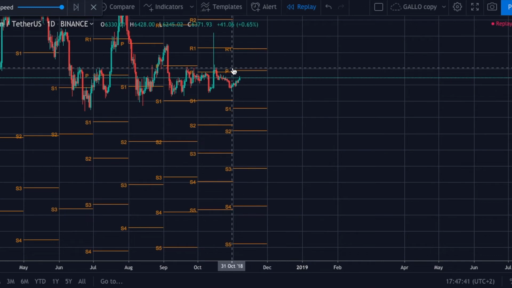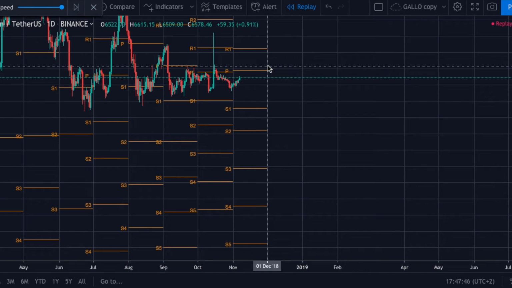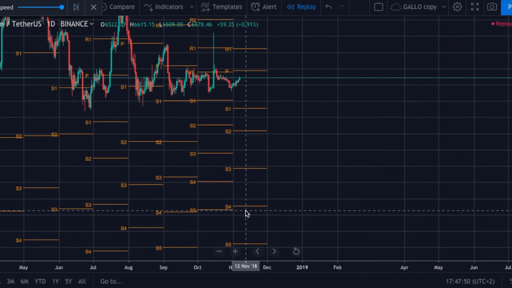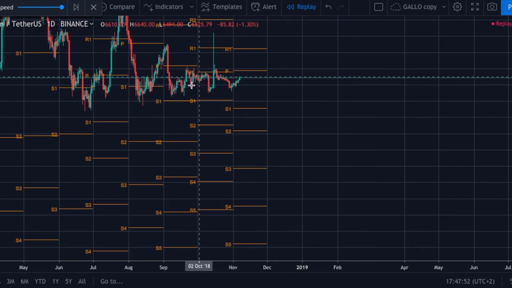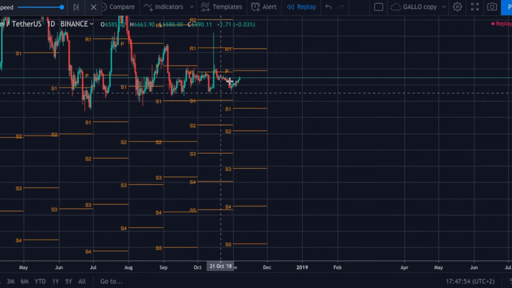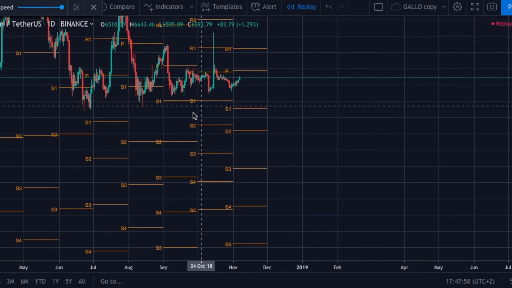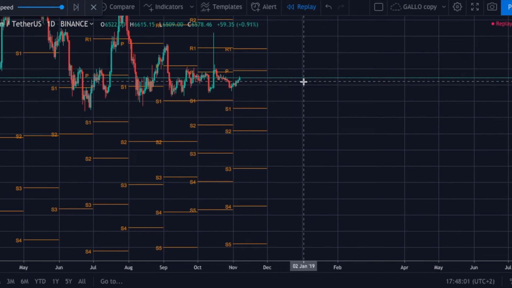You see, it's going to cover from the 1st of November till the 1st of December. It's going to move accordingly with the Bitcoin movement or any other market movement, the volatility. And it will move accordingly to that.